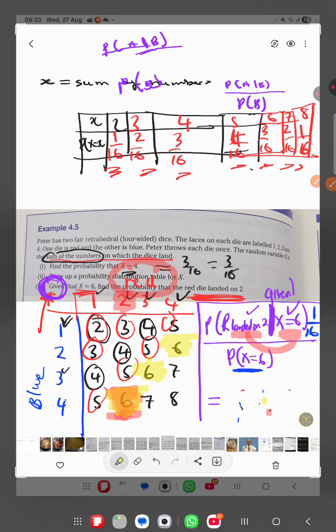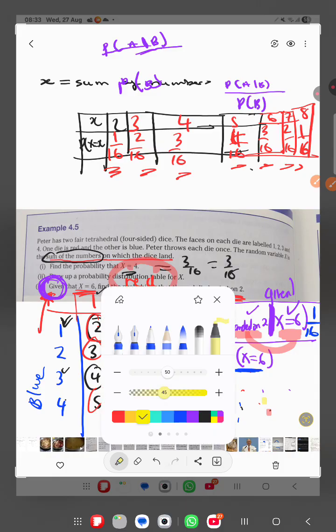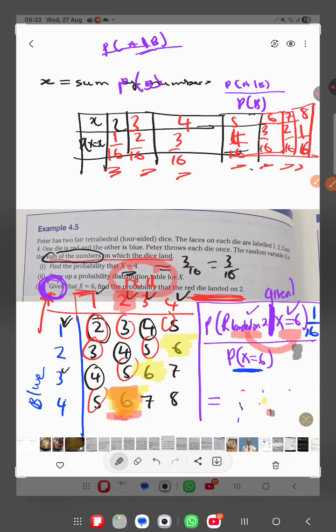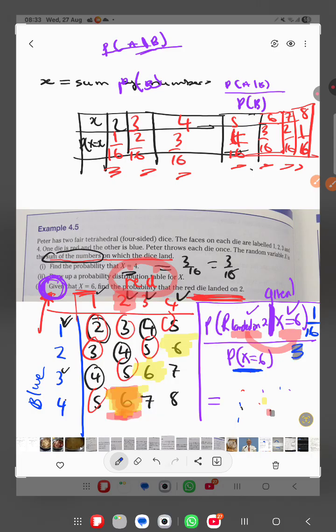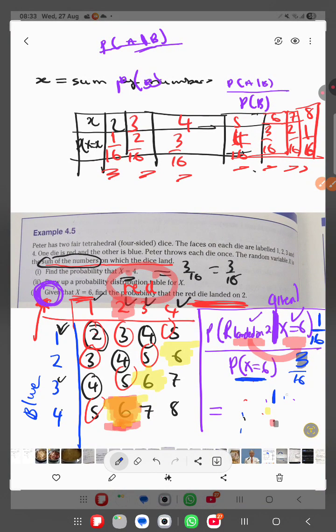So how many are there? There are 3 out of 16. So the final answer, put this into your calculator: 1 out of 16 over 3 out of 16 gives you 1 out of 3. So I hope that makes sense in terms of conditional probability. All right, let's keep going.